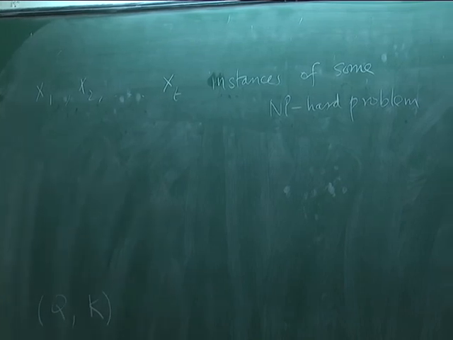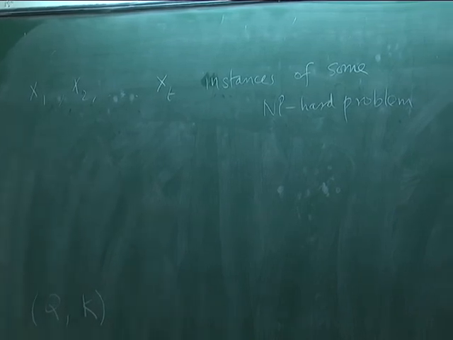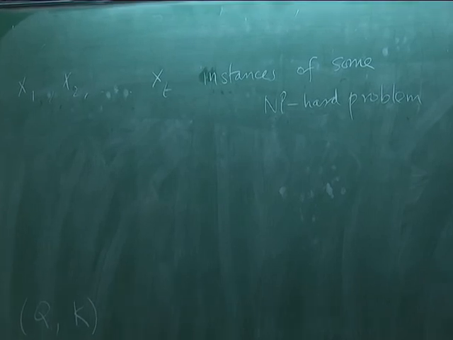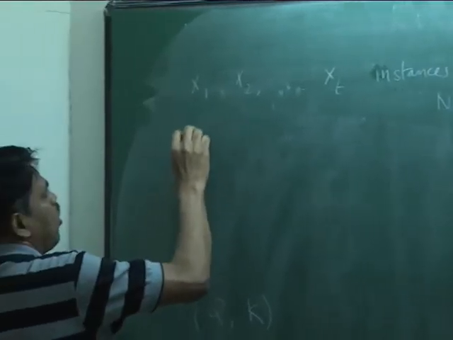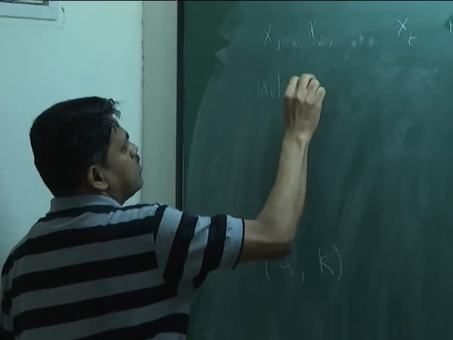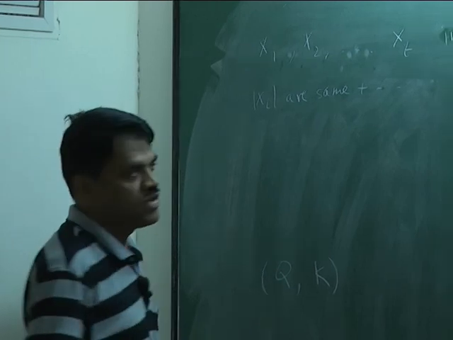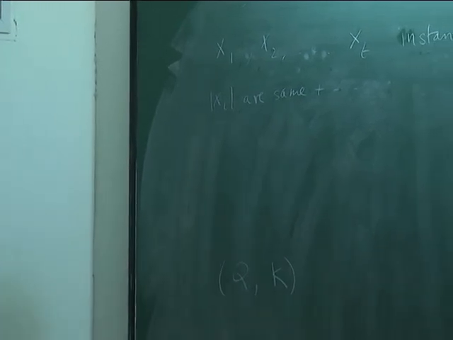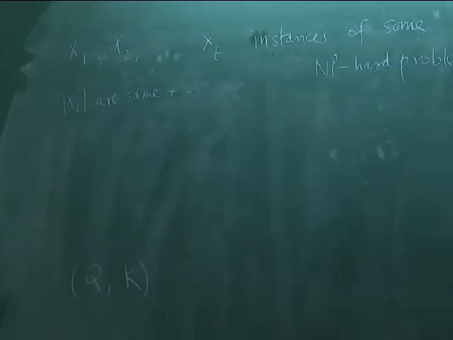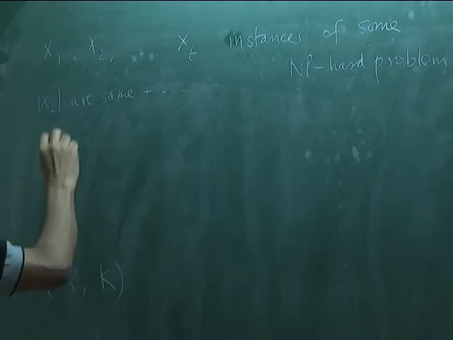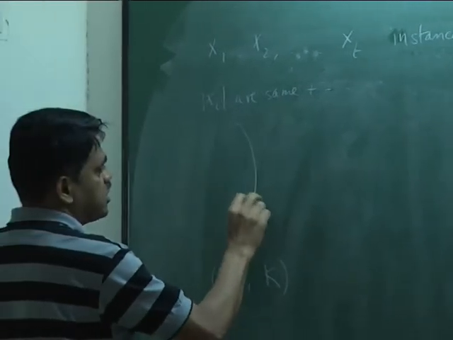And this notion of polynomial equivalence shows that you can make certain assumptions about these instances. Maybe all x_i's are the same, and maybe more things about them. They all have the same something. And we want to reduce to this parameterized problem.